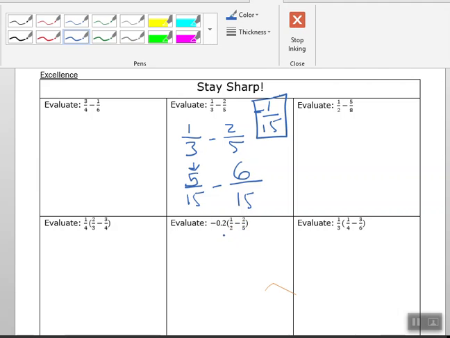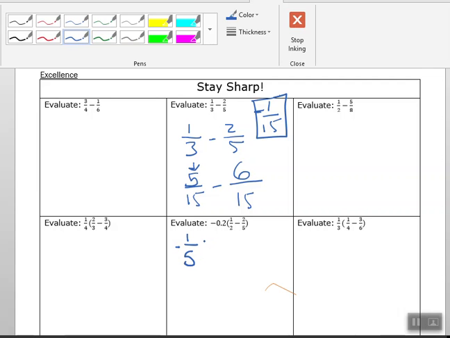So I could change it to negative 0.2 times 0.5 minus 0.4. And in fact, nope, that's not what I'm going to do. I'm going to change it into a fraction, okay? Because I think we need a little more help with fractions than we do with decimals.